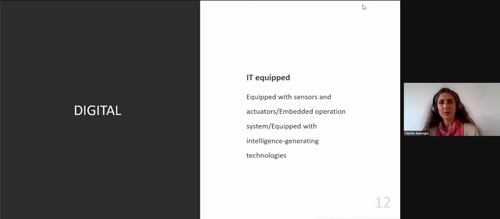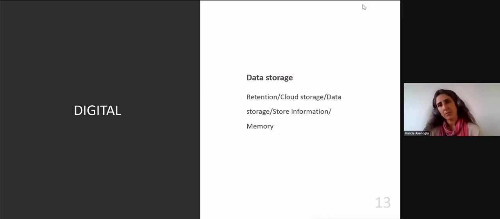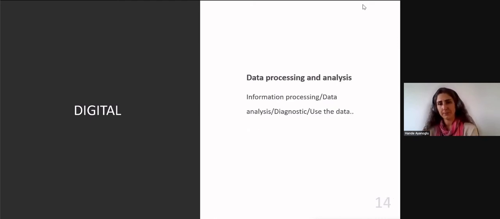When we talk about IT equipped, it can be equipped with sensors or embedded operating systems. When we talk about data storage, it can store the data in a cloud or itself, or store information, or the product can have a memory.